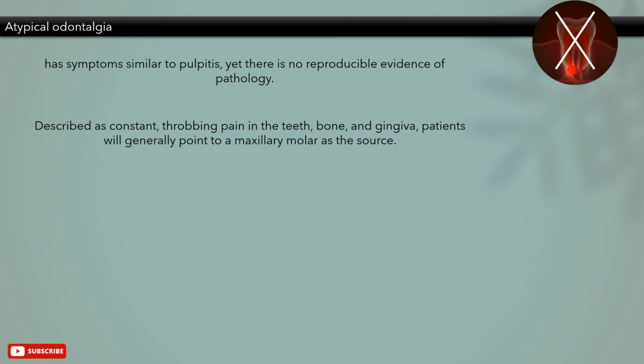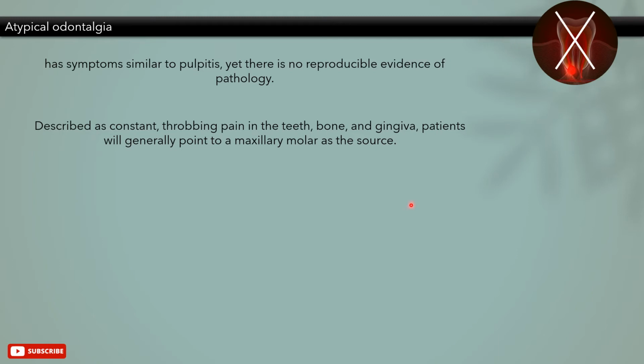Atypical odontalgia, or unusual dental pain, has symptoms similar to pulpitis as well, yet there is no reproducible evidence for the pathology. Invariably, if endodontic therapy is performed, the procedure will not relieve the patient's pain.